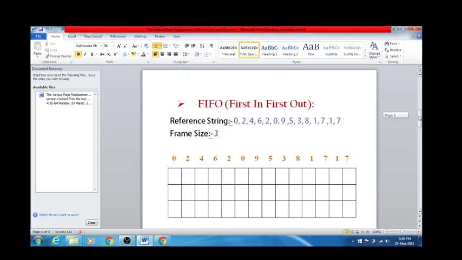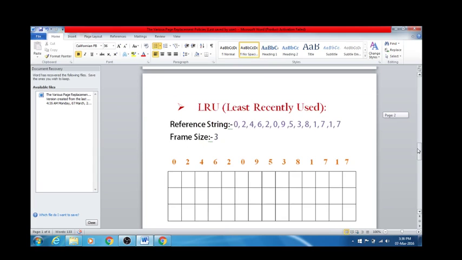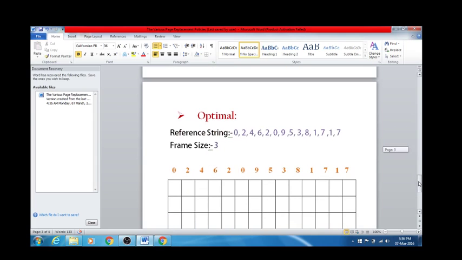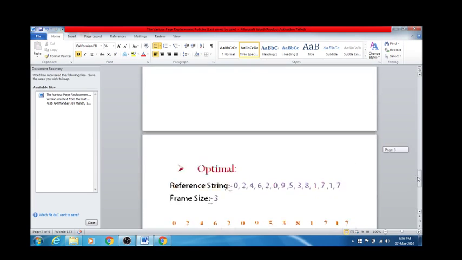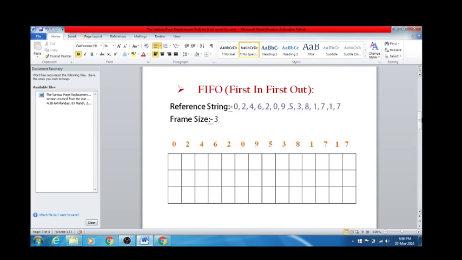The first one is FIFO, first in first out. The second one is least recently used, also called LRU. That's the short form, the acronym basically. The third one is optimal. So the best one is optimal, the second best is LRU, and the third one is first in first out, that is FIFO.